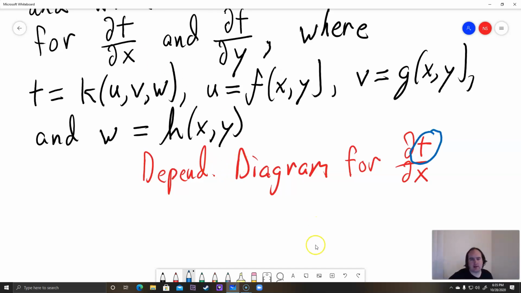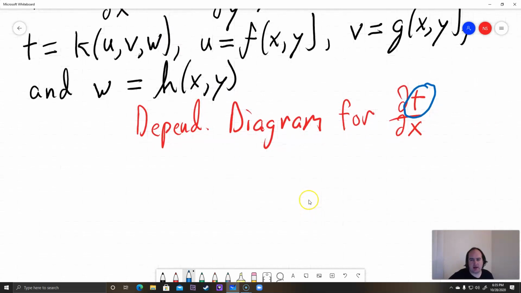Okay, so that's going to be the very top of our diagram. And here we know that t equals k of u comma v comma w. And then we're going to work our way through these functions till we get to the bottom, which is supposed to be x.